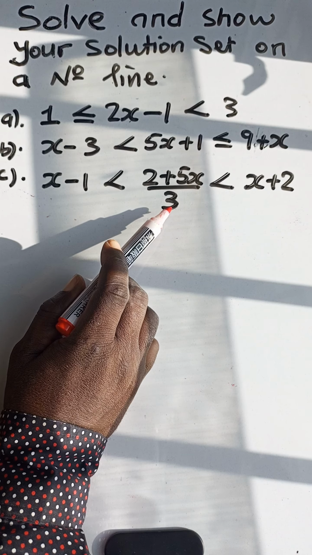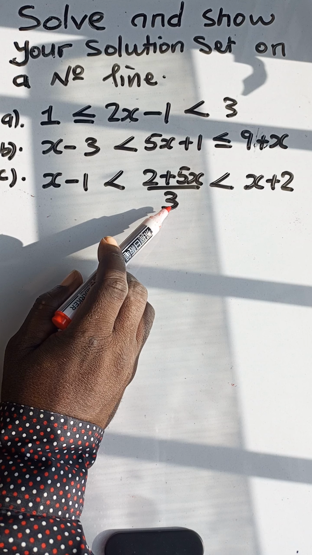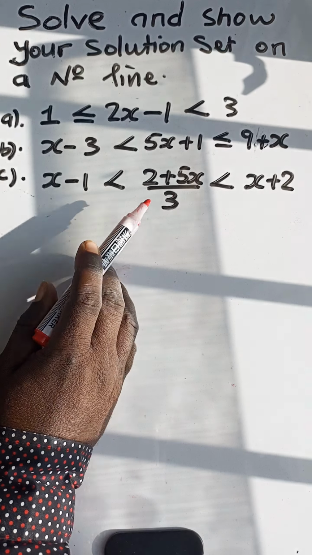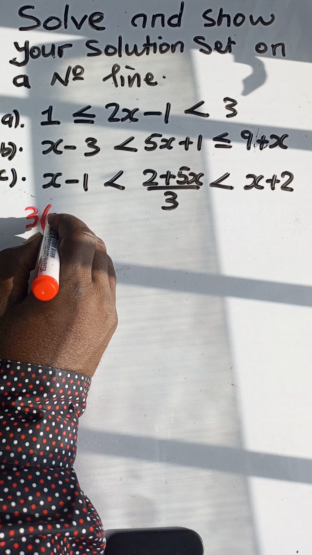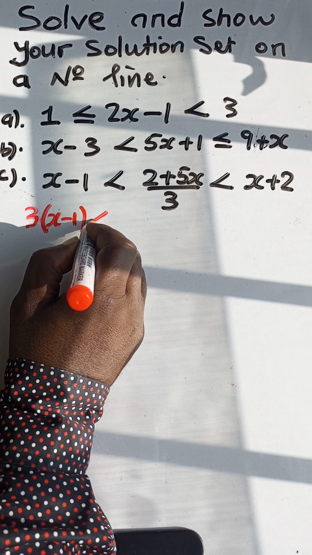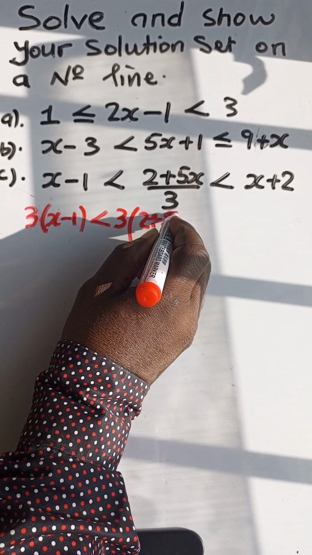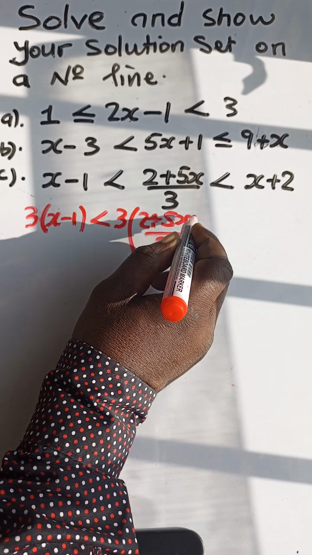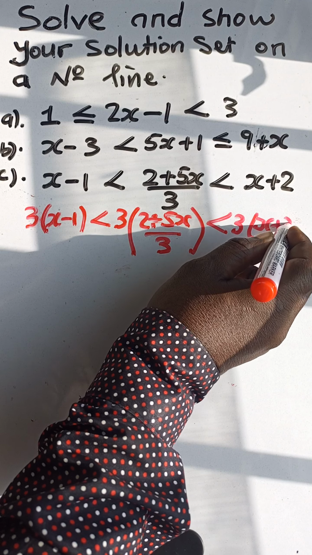So let's multiply all through by 3 because I don't want to see a denominator. I will have 3 times (x minus 1) less than 3 times (2 plus 5x) all over 3, less than 3 times (x plus 2).